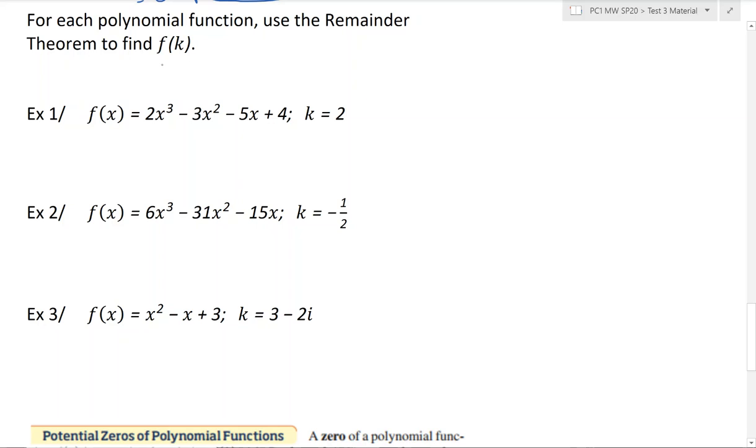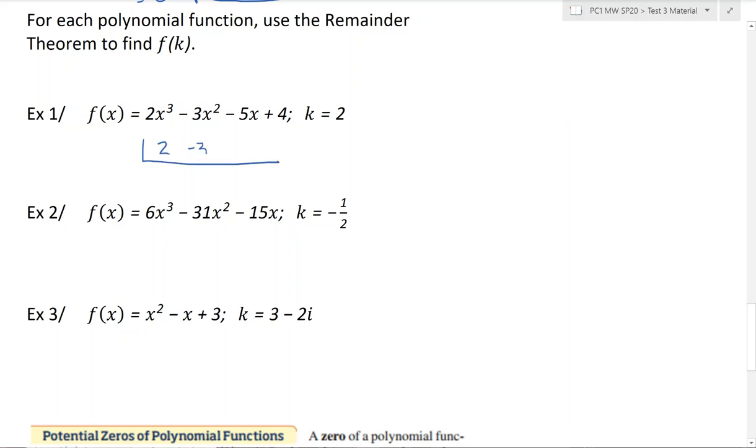So if I've asked you to use the remainder theorem, I need to see evidence that you use the remainder theorem and you know what it means. Okay, so we're going to divide f of x by the k in synthetic division, right?